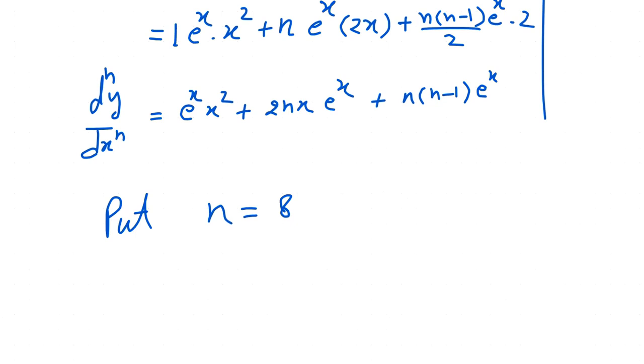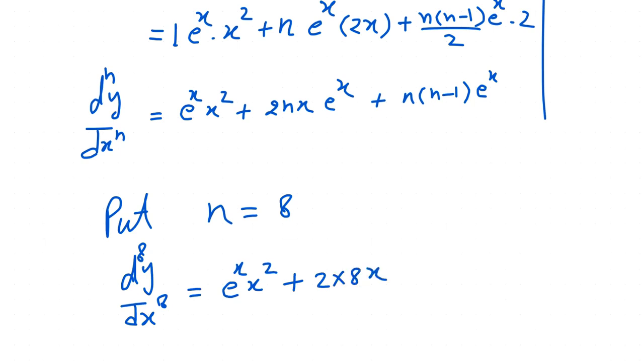So we will have d^8 y over dx^8 is equal to e to the power x into x square plus 2 into 8 into x into e to the power x plus 8 into 7 into e to the power x.